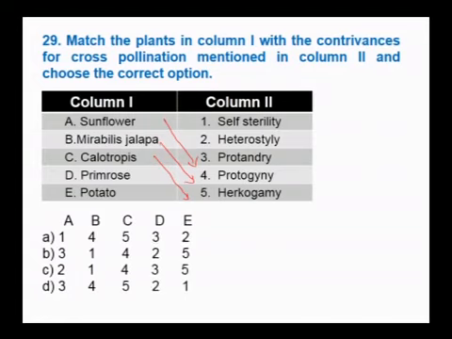In primrose, the varied length of the stamen and the pistil, heterostyly. In potato, it is self sterility, not only in potato, even in petunia and tobacco there is self sterility. Therefore if you go by this, the answer is D.